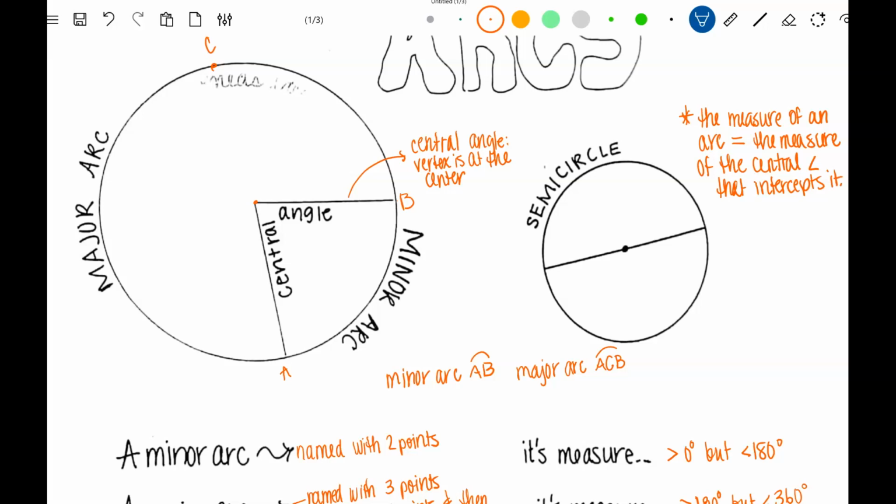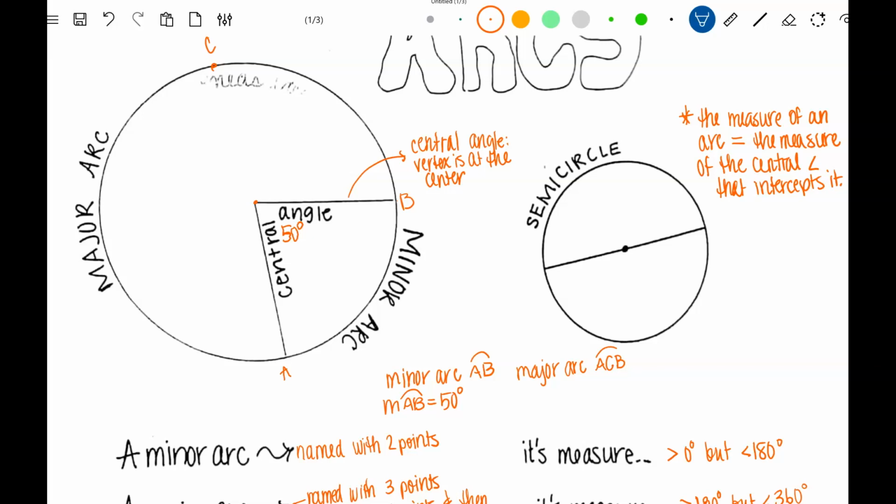So if we're talking about the measure of arc AB, if this angle measures 50 degrees, then the measure of arc AB also equals 50 degrees. The measure of the arc is the same as the measure of the central angle that intercepts it.